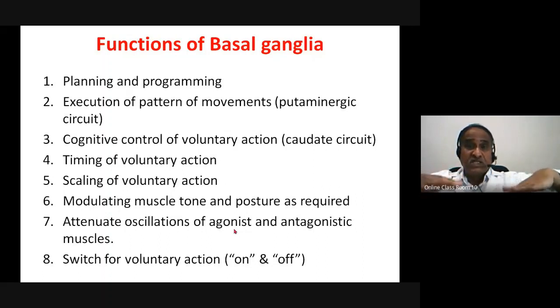These muscle groups have continuous oscillations, and they are suppressed. That is why we don't have tremors. So this is the dampening of the oscillations. Then the basal ganglia acts as a switch for the voluntary action, either turning it on or turning it off.